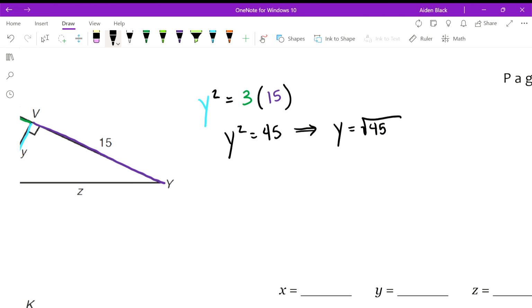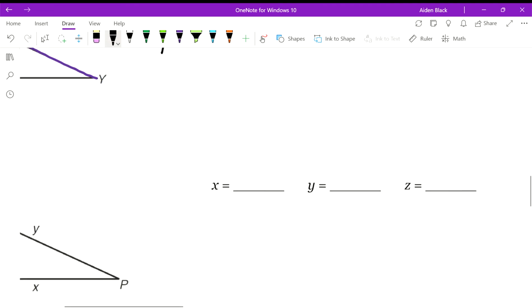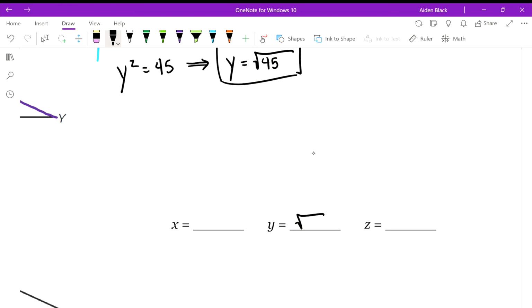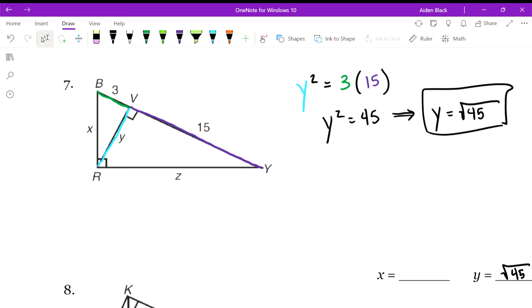I know I can divide it by 9 and then take the square root of 9, but I just want us to get this first. Square root of 45. Okay, so we have our y value. Now let's go with our z.